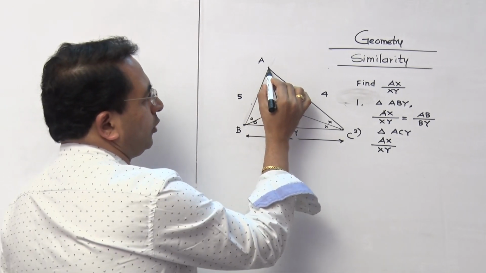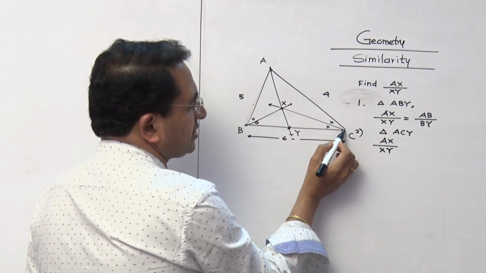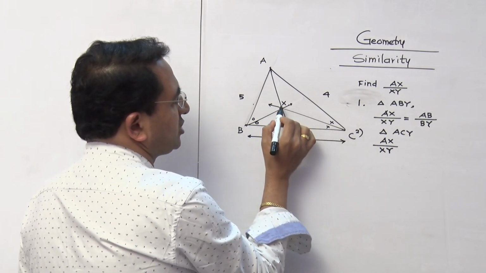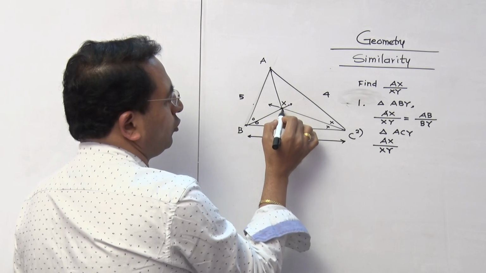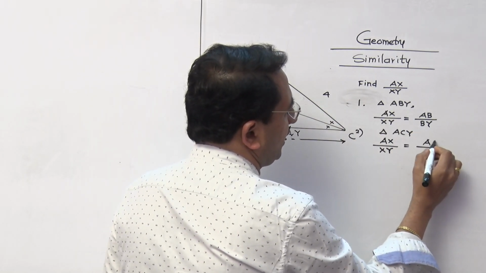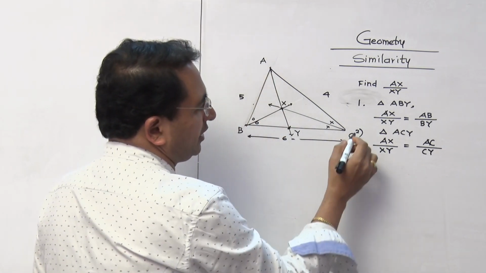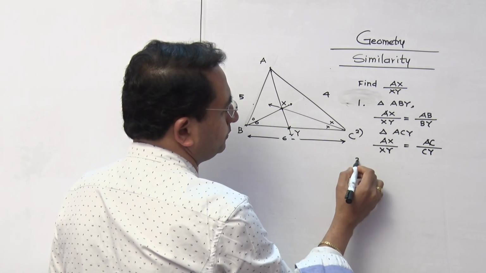Now when you talk about AX upon XY, this angle bisector divides the opposite side in the ratio of the remaining sides. So again here I can write AC upon CY. Now the things are very clear from this.